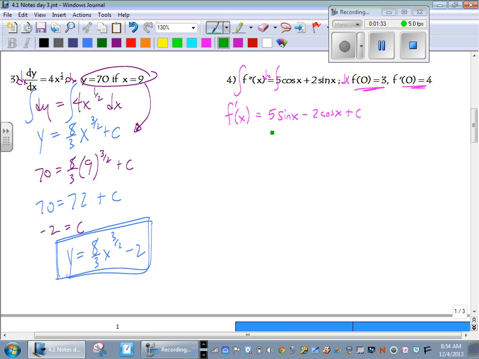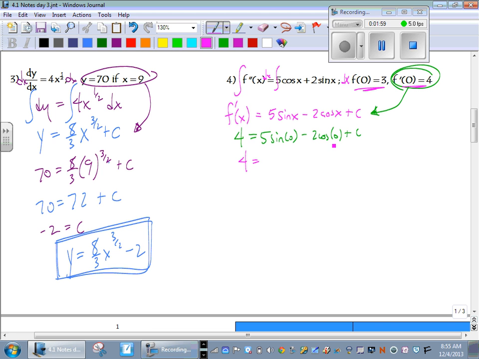So we want to figure out this c before we can do the antiderivative and find the original function. We need to use the information from the derivative. It says when we put 0 in for x into the derivative, we get 4 out. So our derivative is 4 when x is 0. So sine of 0 is just 0 times 5, that's 0.